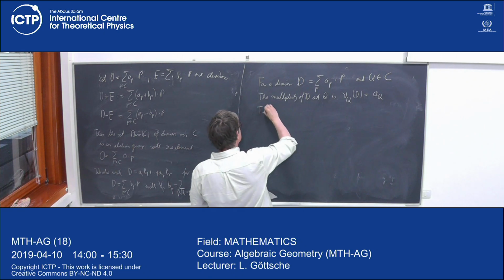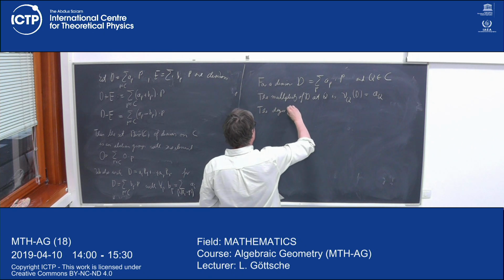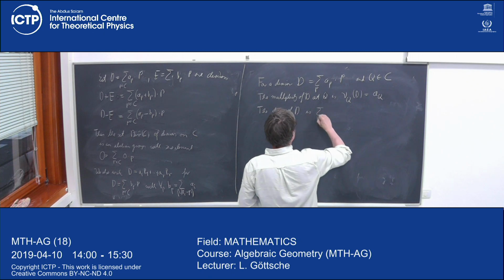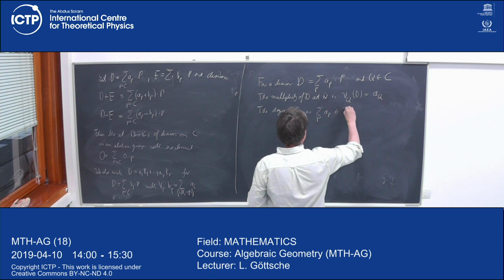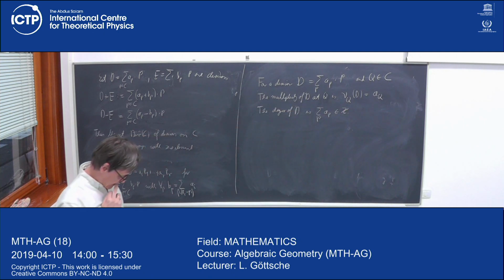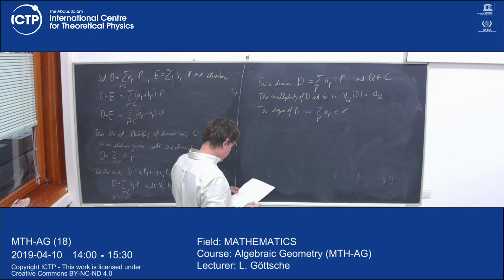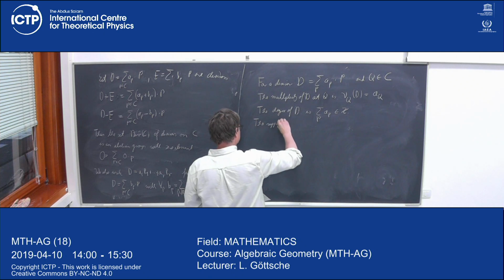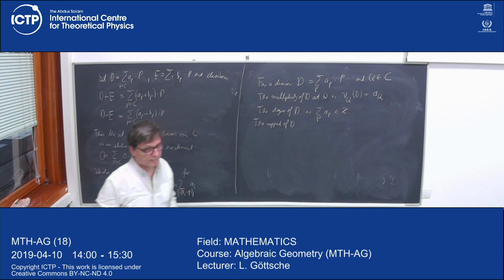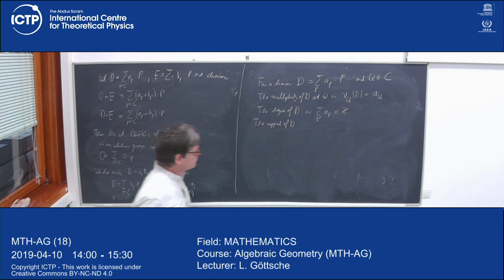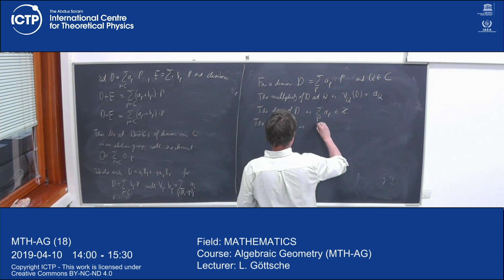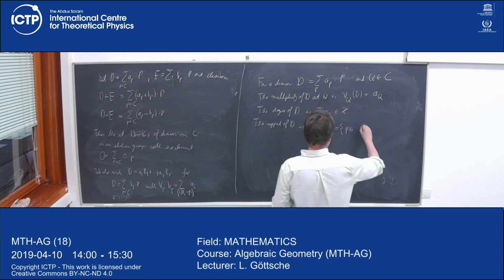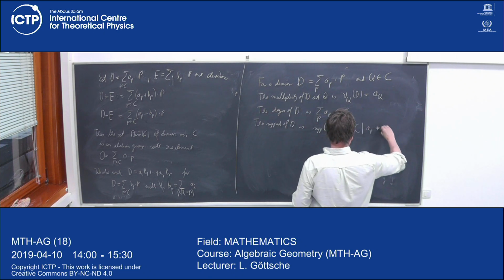The degree of D is the sum of the multiplicities, which is an integer. And the support of D consists of all the points where the coefficient is not 0, so it is the set of all P in C such that AP is not 0.